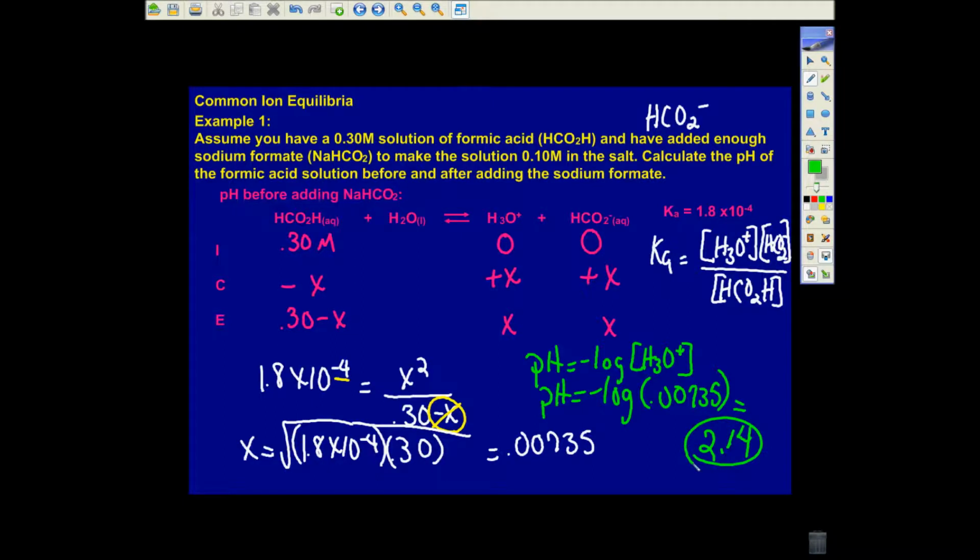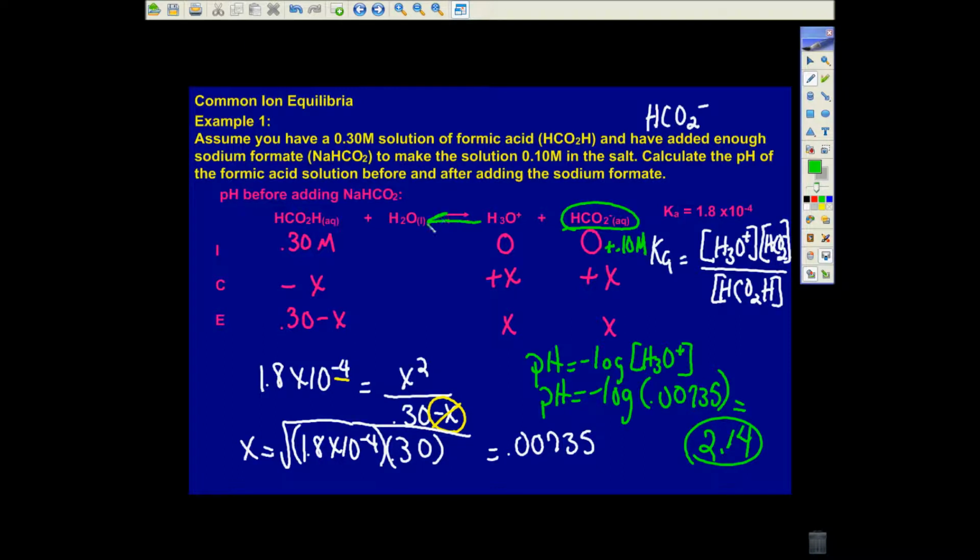So that's my pH before I added a common ion to it. Now, when I do add that common ion, I'm going to increase that amount by adding this 0.1 molar common ion. And that's going to shift the equilibrium this way.